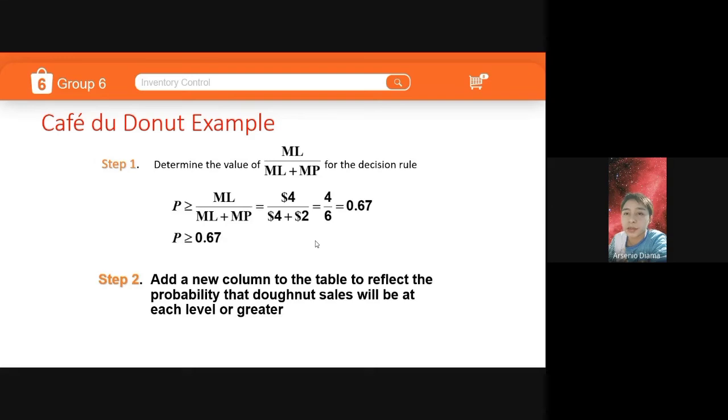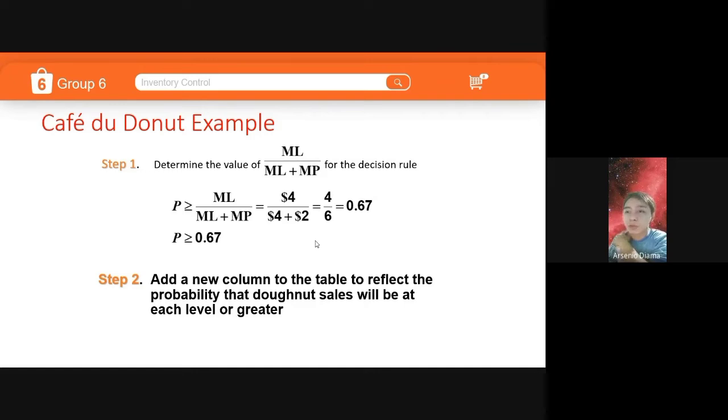Then step 1, determine the value of marginal loss divided by the marginal loss plus the marginal profit for the decision rule. Using the main equation, the probability is greater than or equal to the marginal loss divided by the marginal loss plus the marginal profit.